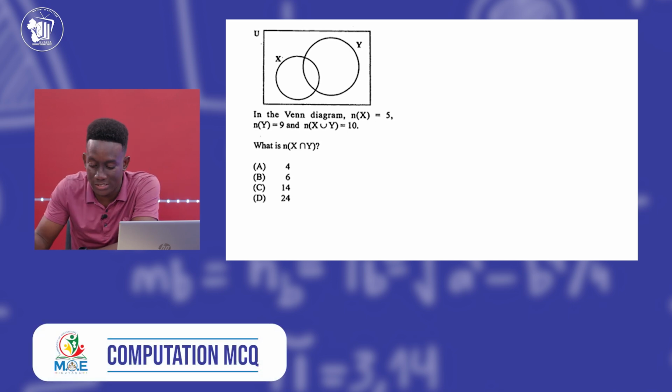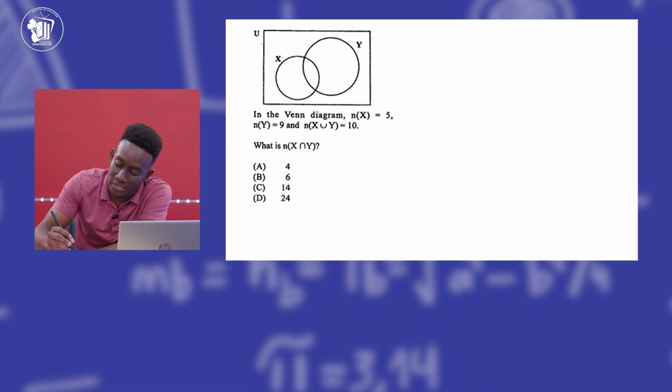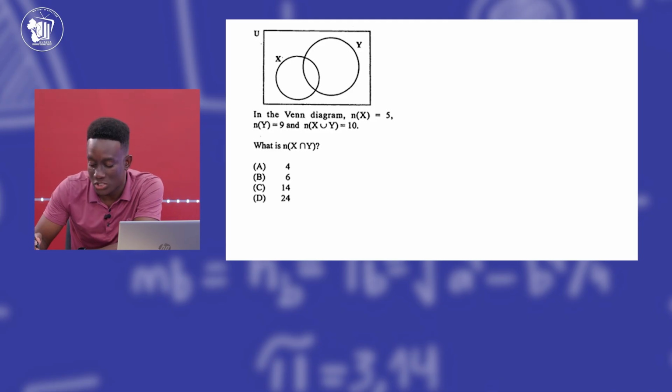The next question says, in the Venn diagram, the number of elements in set X is 5, the number of elements in set Y is 9, and the number of elements in X union Y is 10. They want the number of elements in X intersect Y. There is a simple formula we use to find the intersection. The union will be the subject of the formula.